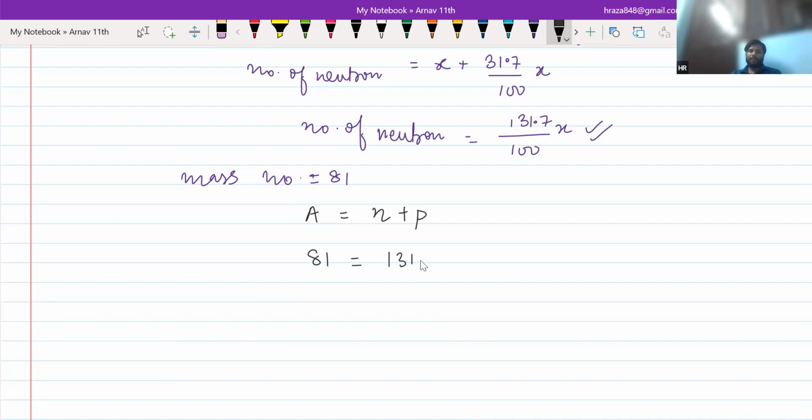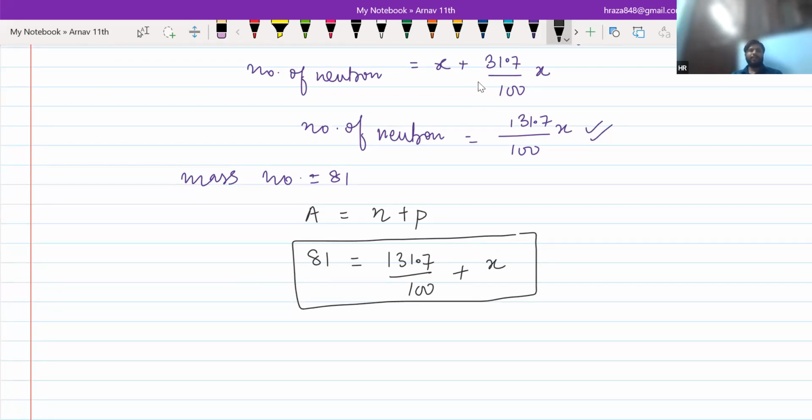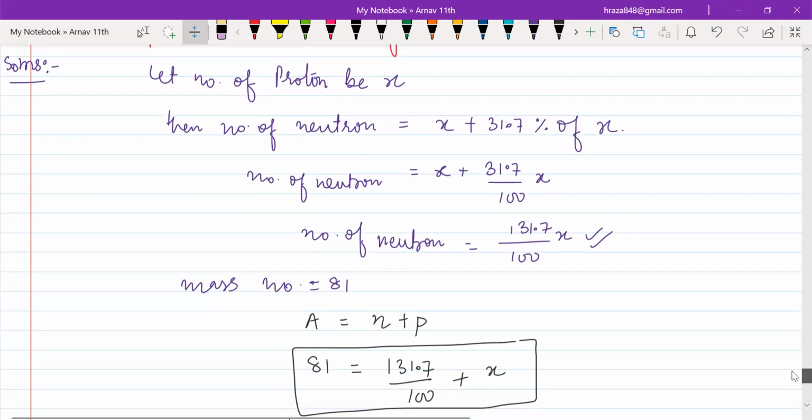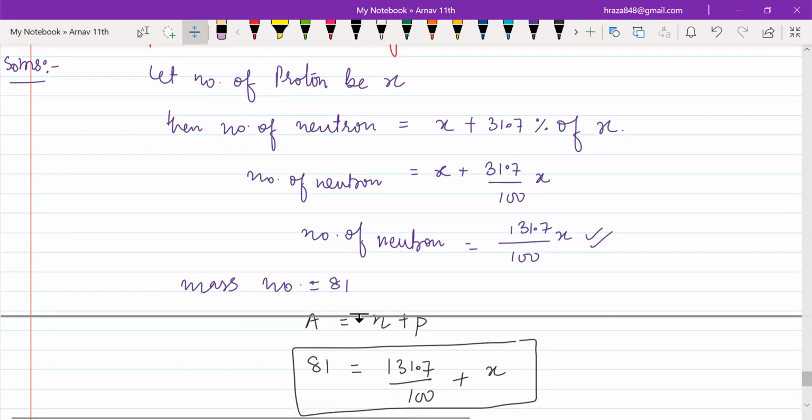What is neutron? 131.7x upon 100. And what is proton? Number of protons is x. Can't you calculate the value of x? Please calculate the value of x.